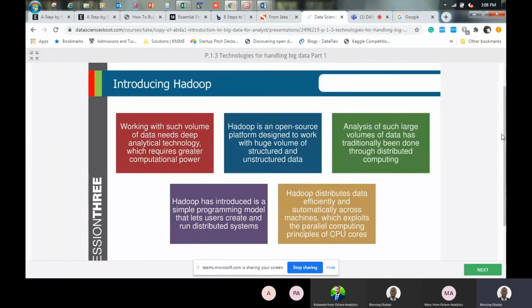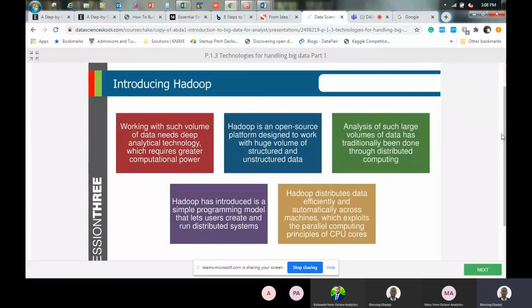Because of that, they came up with the concept of Hadoop technology. As I said, it was originally designed by Yahoo, and then after a while they released it to the public and it became an open source technology. It facilitates analysis of huge volumes of data that were traditionally handled using other concepts like parallel computing or distributed computing technology.